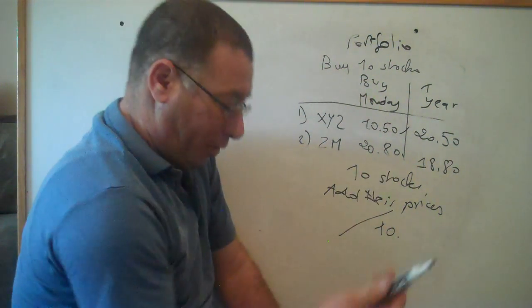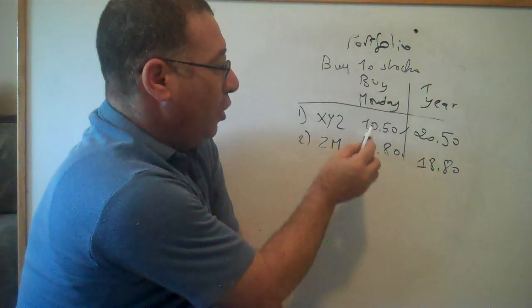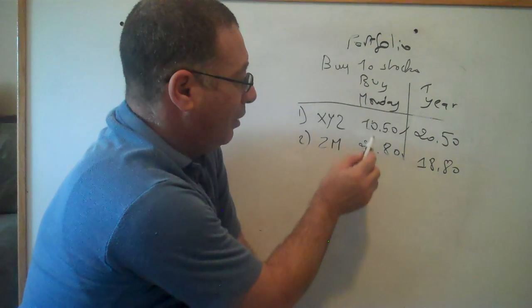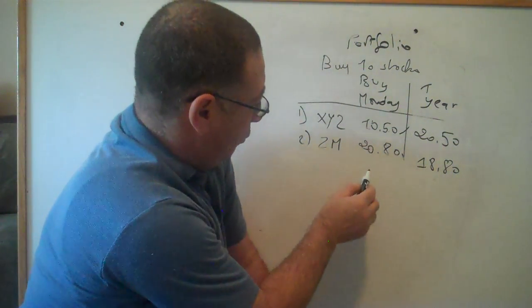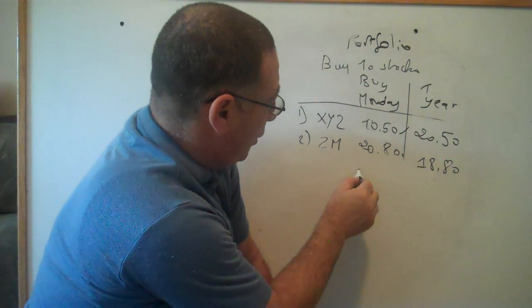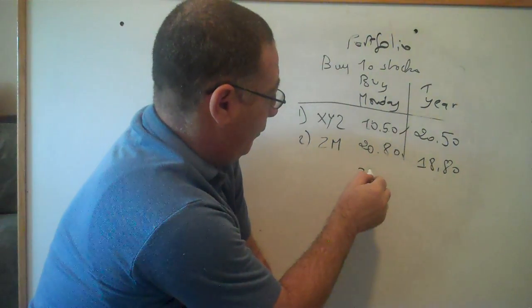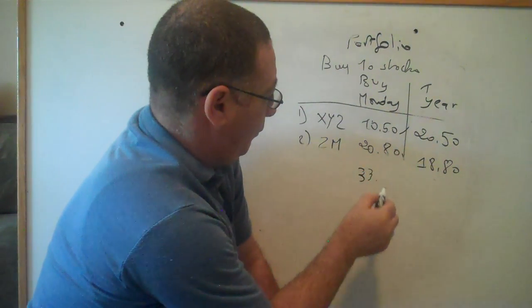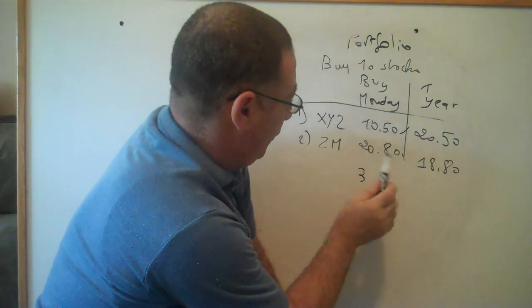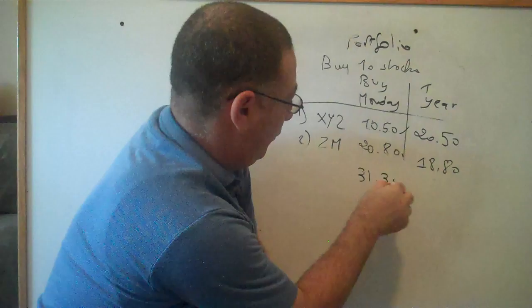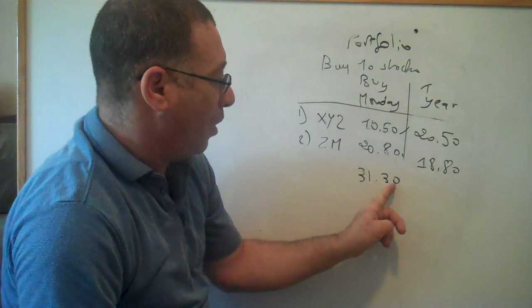Okay? Suppose, an example, you add this and this. For example, 3. Okay? So it's 31.30.